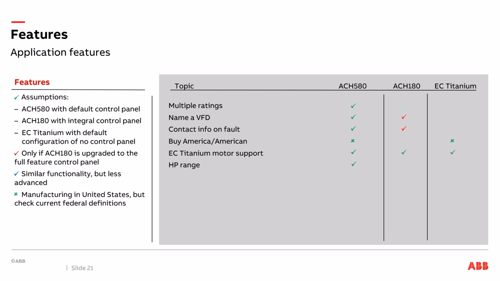This next one here, you'll notice my green checkbox in the top middle is a slightly different green. As of the time I record this, the 180 does not have this, however it is planned. This top line is multiple ratings. A neat item with the 580 is that you can re-rate it.